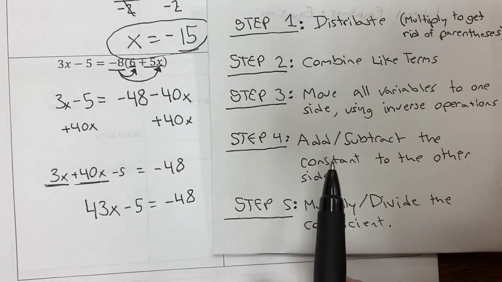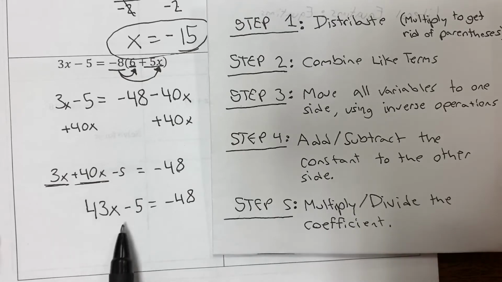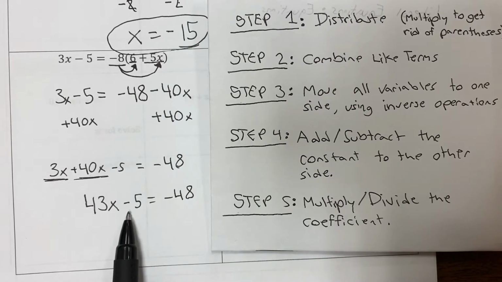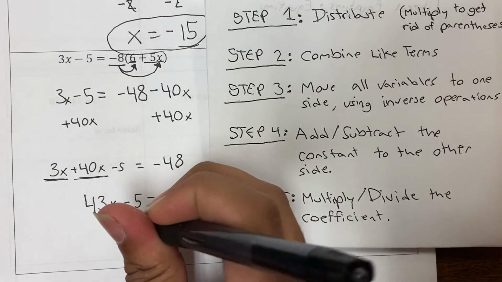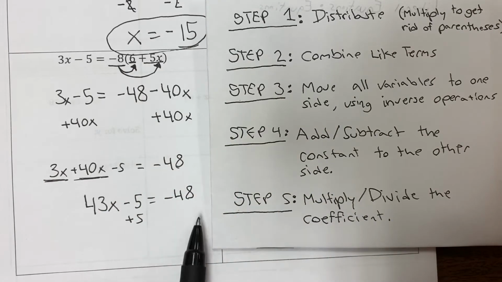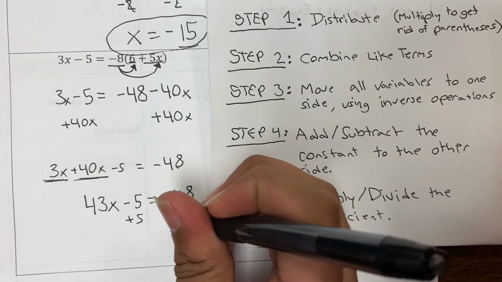Step 4 is going to be to add or subtract the constant to the other side. So now that I have my variable on the left side, I want to get all my constants over to the other side. So the last constant left over here is negative 5. In order to get rid of that, I'm going to do the inverse, which would be adding, so positive 5. But we believe in justice, so what we do to one side, we have to do to the other.